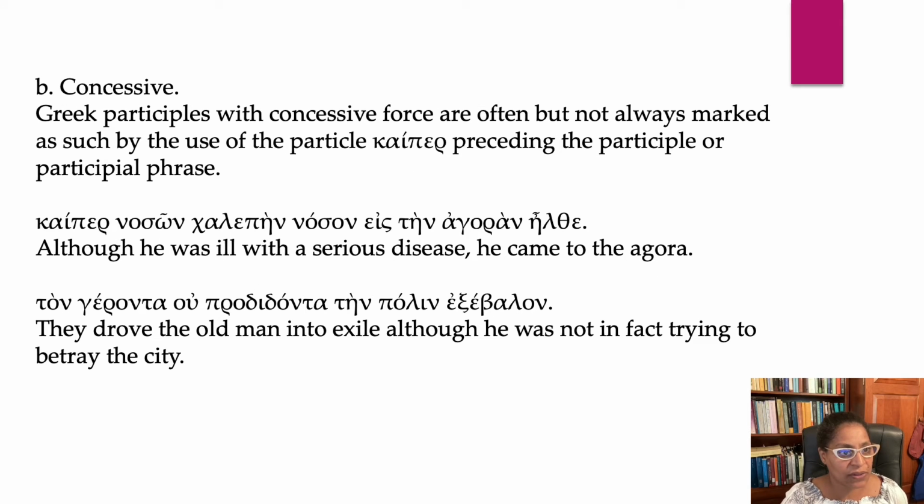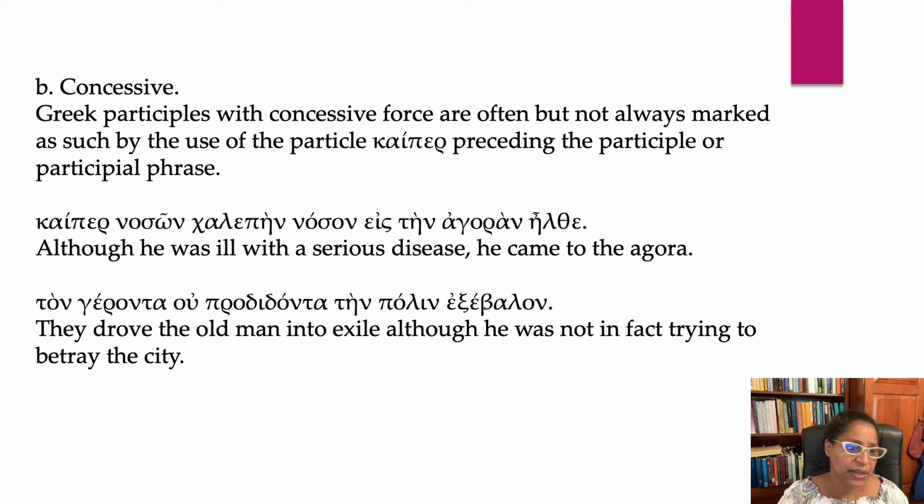Participles can also be concessive, setting up a concessive clause, an "although" clause. Usually it's marked with kaiper, but not always, so you have to think about the context as you're translating. First one: "Kaiper noson kalepos noson eis ten agoran elthe."